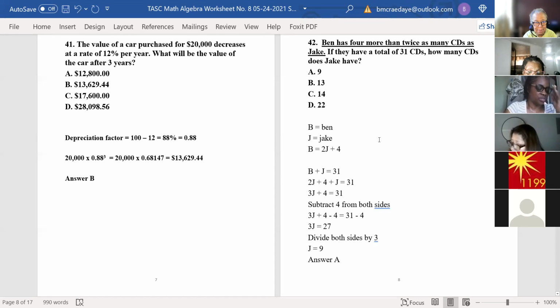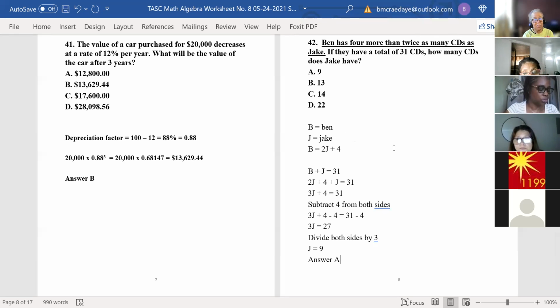Got it, Chastity? Yes. Twice as many, 2 times as many. Twice means 2. 2 times as many as Jake. 4 more than means to add 4. So that expression translates into 2J plus 4 is equal to Ben's number of CDs.